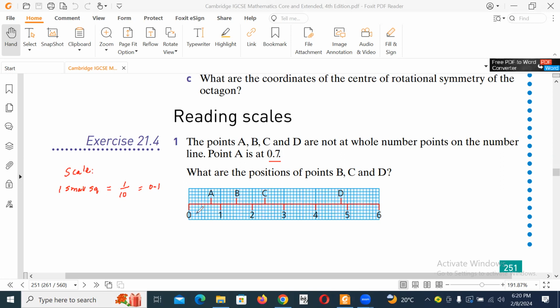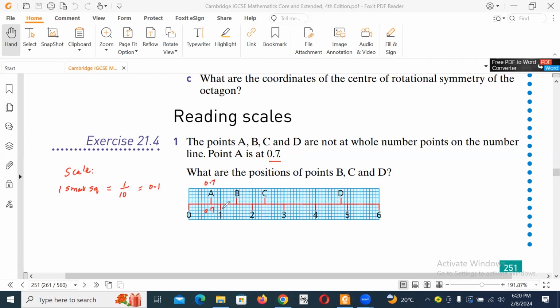So each small square, or box, equals 0.1. They already mentioned the answer for point A, which is 0.7.